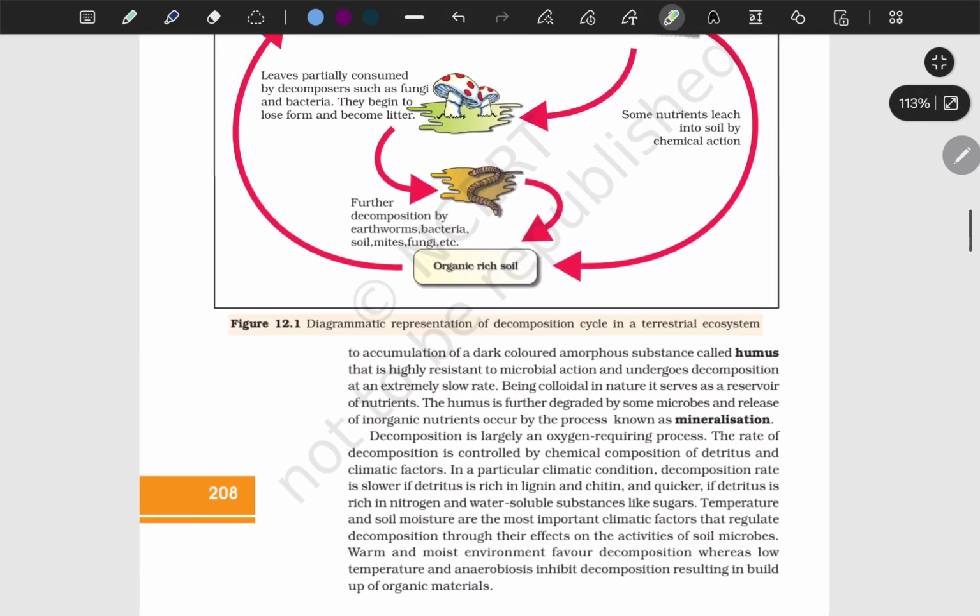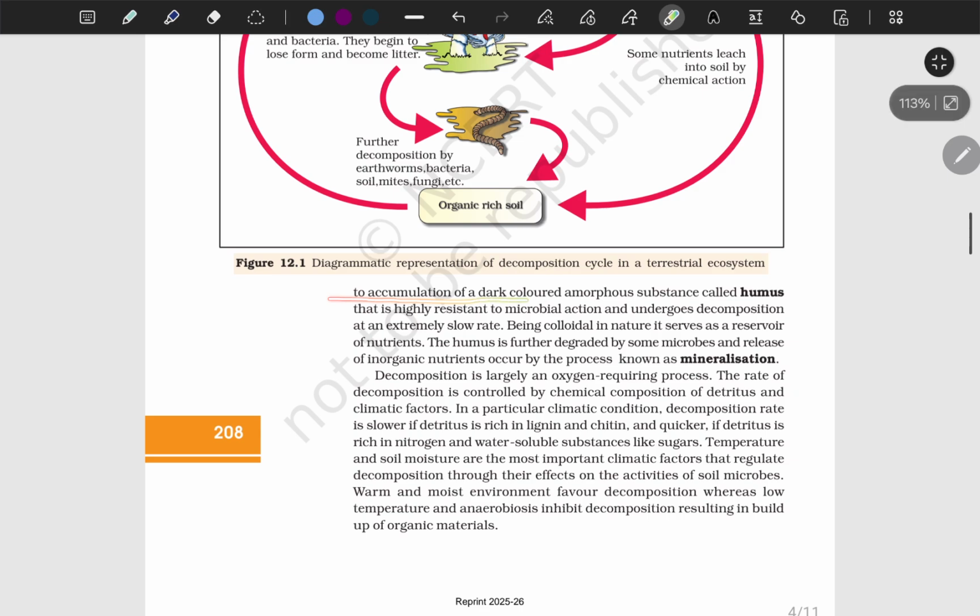Humification leads to accumulation of a dark colored amorphous substance called humus that is highly resistant to microbial action and undergoes decomposition at an extremely slow rate. Being colloidal in nature, it serves as a reservoir of nutrients. The humus is further degraded by some microbes and release of inorganic nutrients occurs by the process known as mineralization.